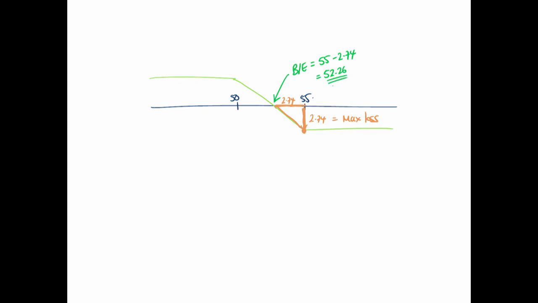And once again, the triangles are getting us home quite quickly, because the distance between 50 and 52.26 is 2.26. Well, that's this horizontal distance. It must be that vertical distance as well. So that is your maximum gain.